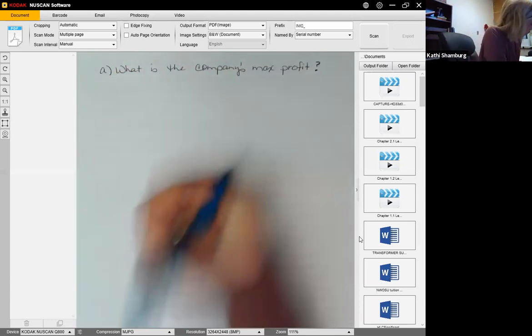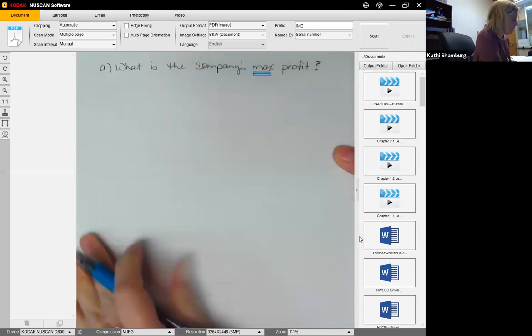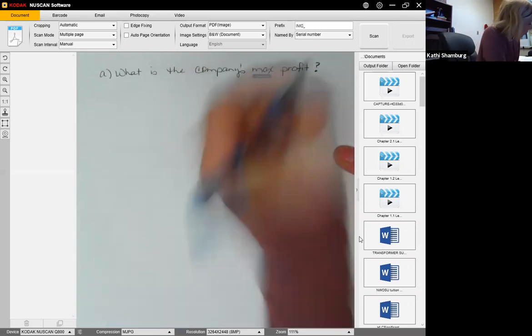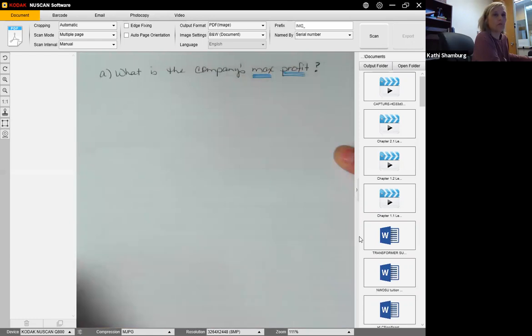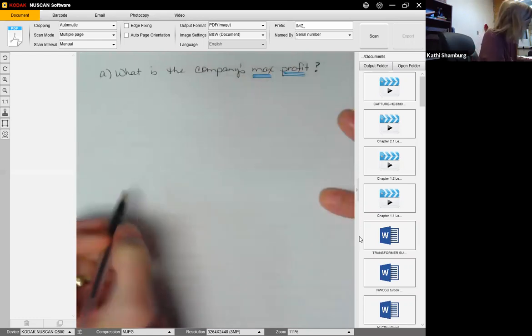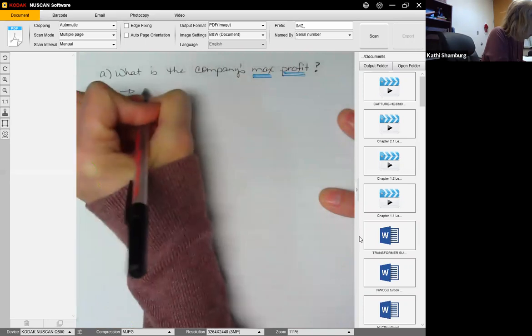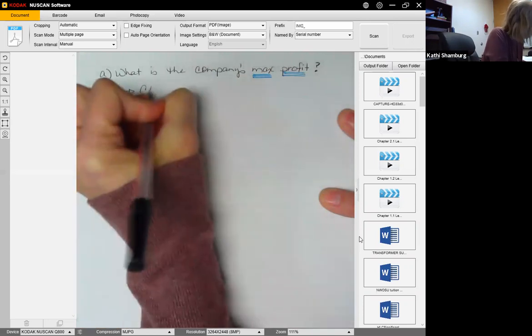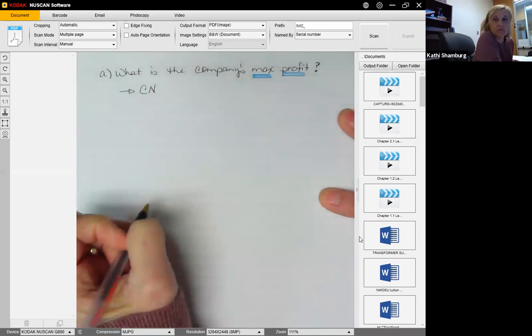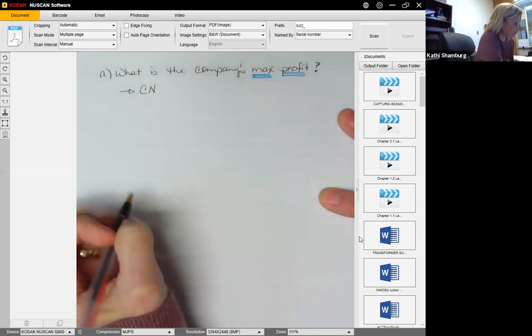All right, we need to look at the word maximum, and we need to look at the word profit. All right, so that tells me that I need to find my critical numbers, because that's where we find relative maximum and minimum.